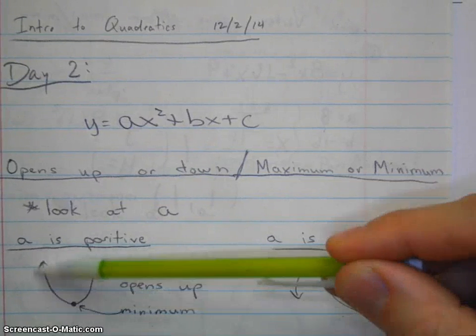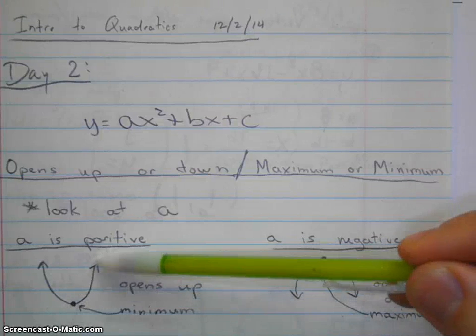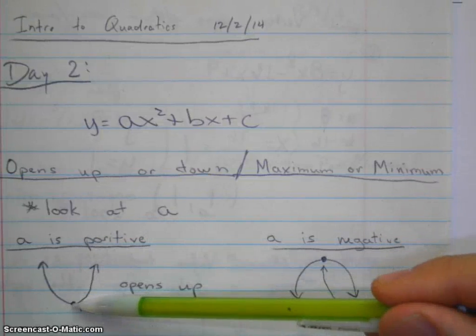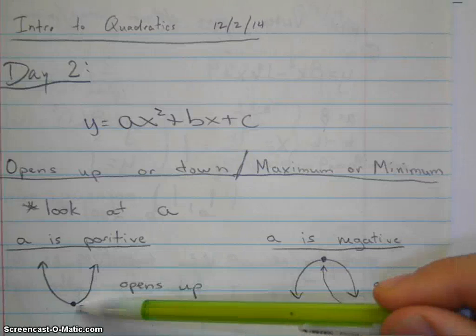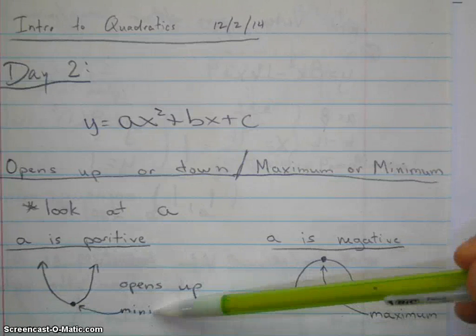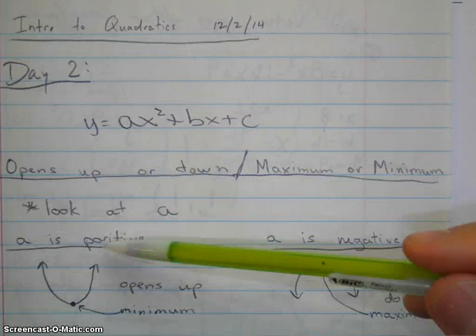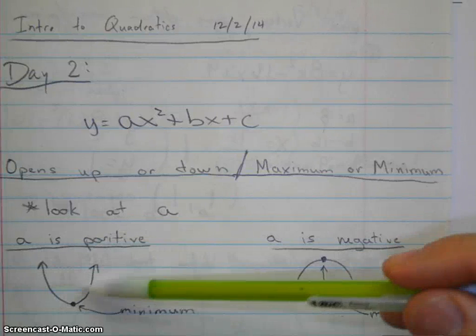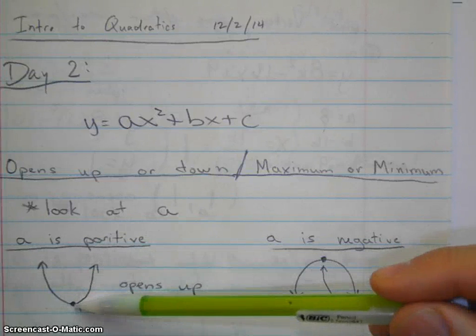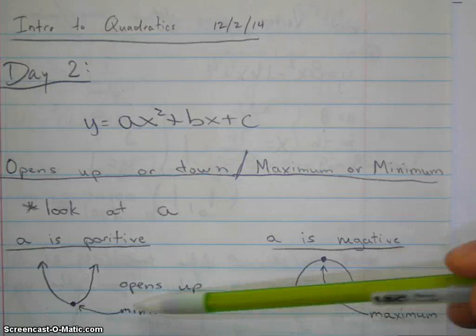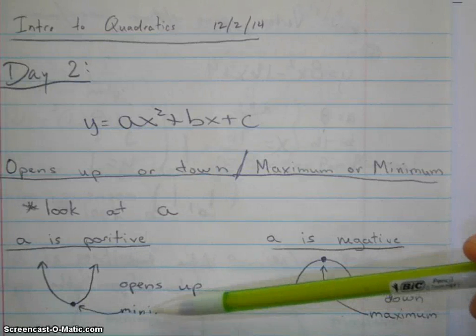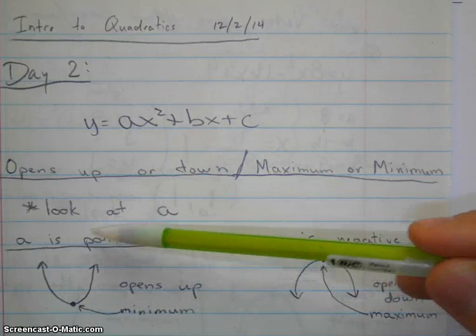So it rises to the left, rises to the right, and the vertex, the lowest point on a parabola, is going to be what we call the minimum. So when a is positive, our graph opens up, and the vertex is at the lowest point called the minimum. So we have a minimum when a is positive.